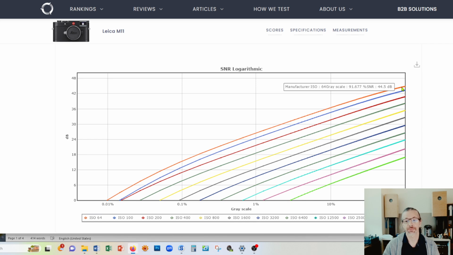And of course, if you are going to use your camera at those ISO settings because you have to, those are the most optimal for the photos you are taking.